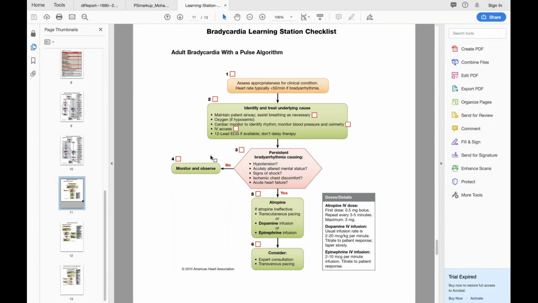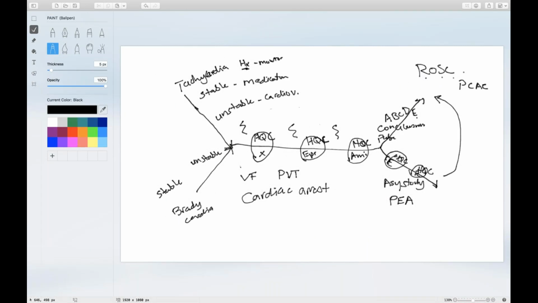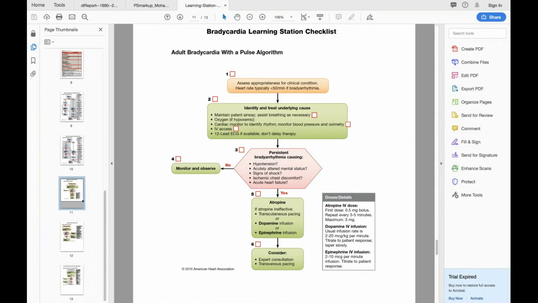Why? Because we are going to follow the same system as the tachycardia. We will know by history and when we attach him to the monitor if he is stable or unstable. It's the same thing.